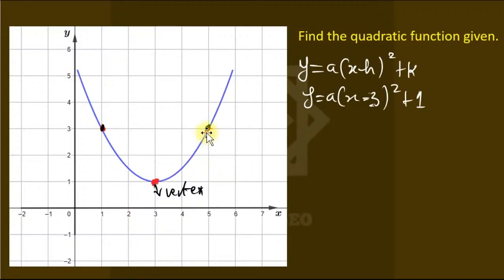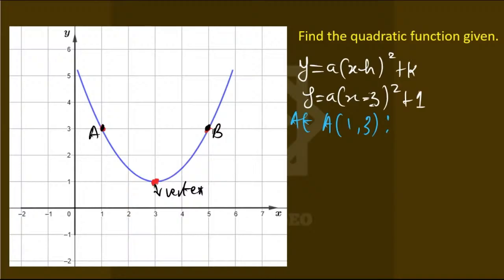The 2 points I can use are this point, maybe I call it point A, or point B. We get the same answer, but I will prefer A because it has the x value smaller than that. So let's use point A. At point A, x is 1, y is 3.